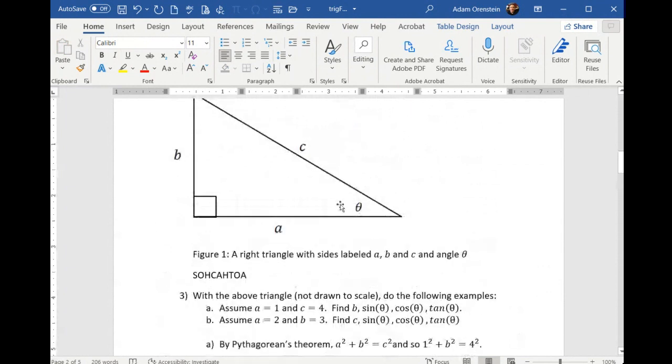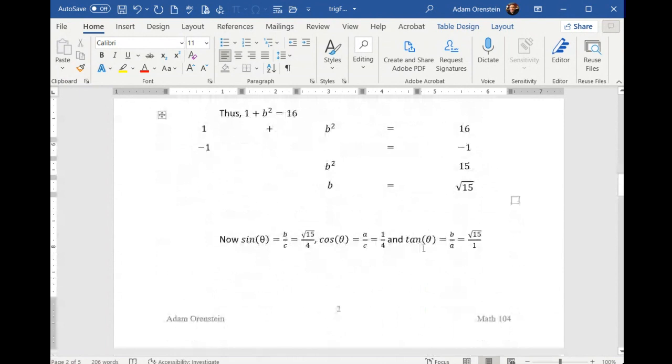For cosine of theta, well, that's the adjacent side divided by C, which in this case is A divided by C. So we really didn't have to find B to get cosine. Cosine is A divided by C, which is 1 over 4, as you can see.